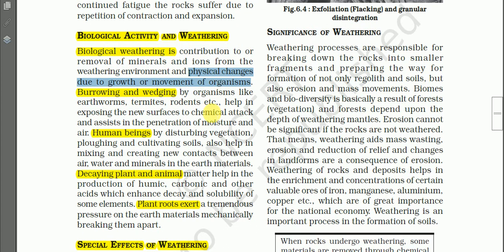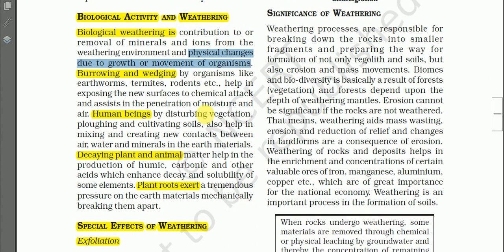In the biological weathering process, sometimes chemical weathering also takes place. That means chemical weathering is enhanced, accelerated by biological weathering. Likewise, mechanical weathering is also helped by biological weathering.